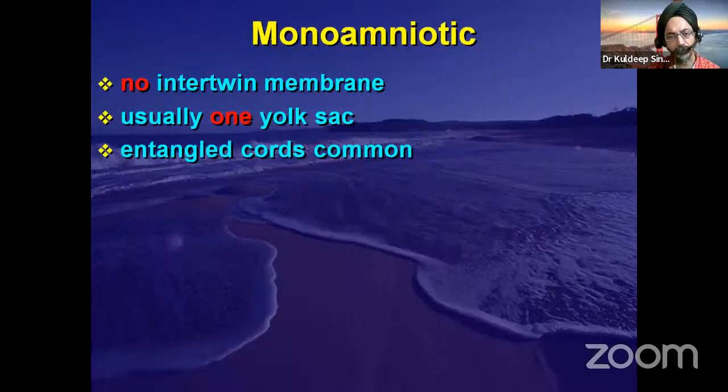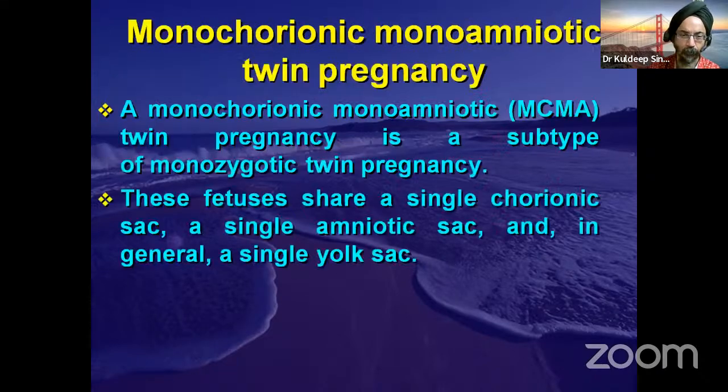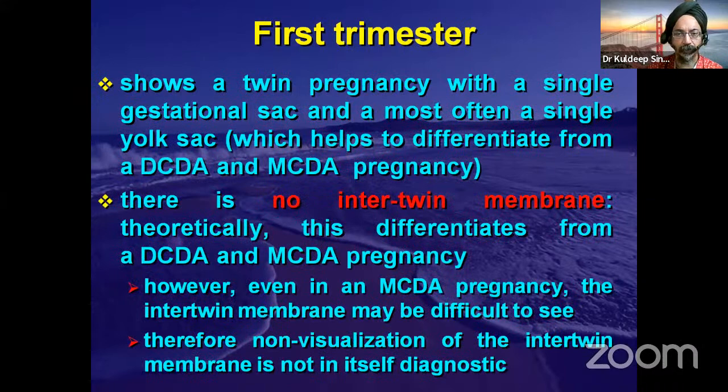The Momo twins: no intertwin membrane, 1 yolk sac, and entangled cords are quite common. Again, a subtype of monozygotic, they share a single chorionic sac, a single amniotic sac, and a single yolk sac.